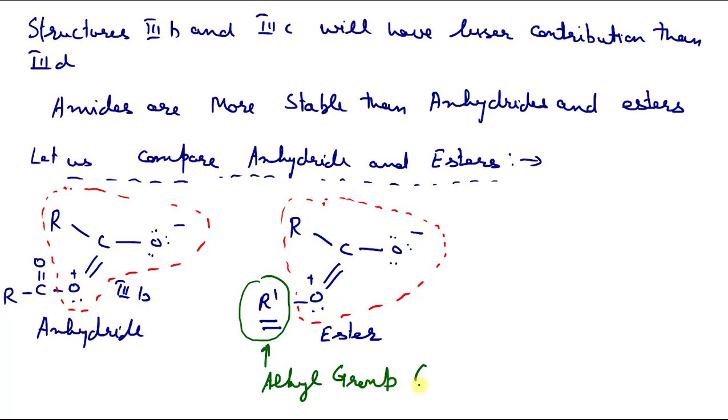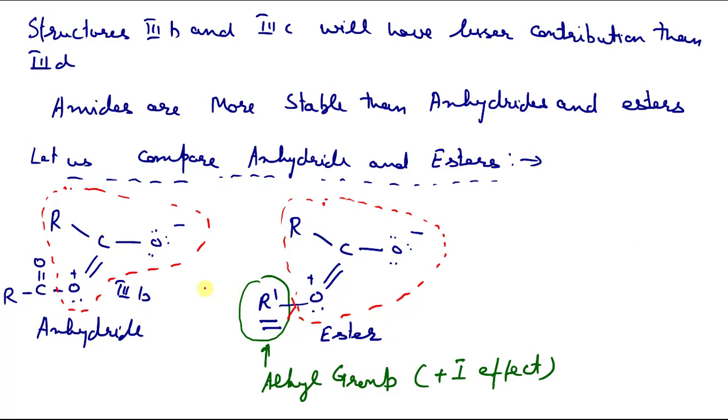Now alkyl has plus I effect. That means it is an electron donating group, so it will donate its electrons towards oxygen.